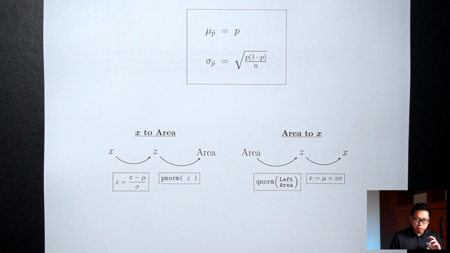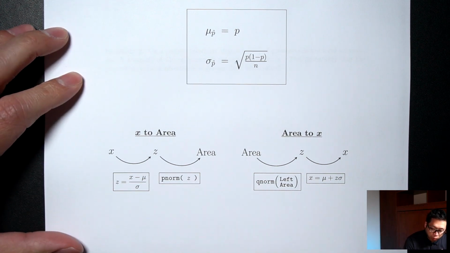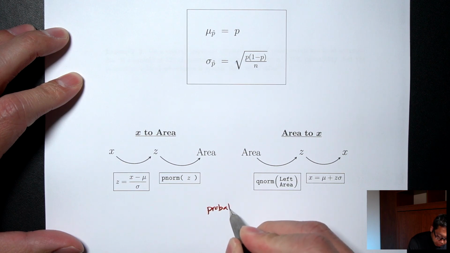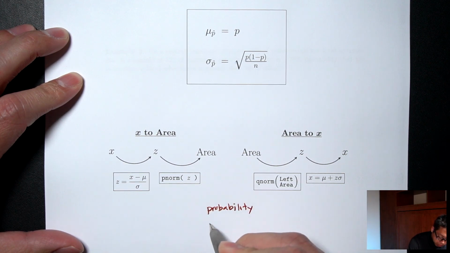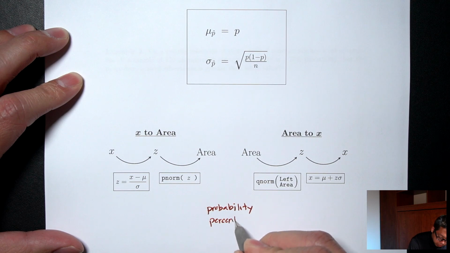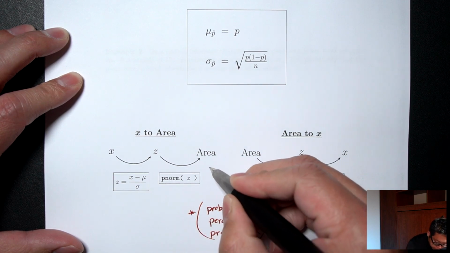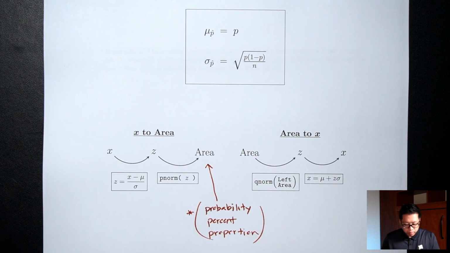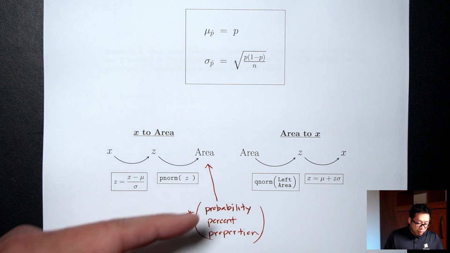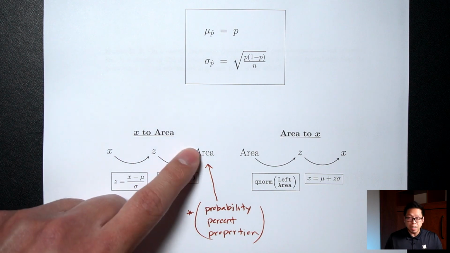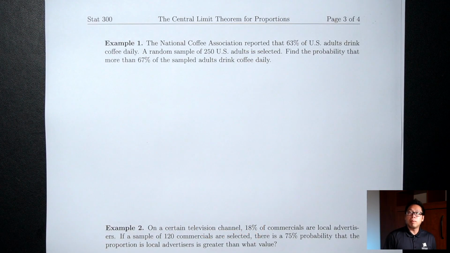And remember that anytime you see those three P words, probability, percent, proportion, it's referring to an area. So if a question asks, find the probability, find the percent, find the proportion, it's asking you to find the area. Let's try some examples.